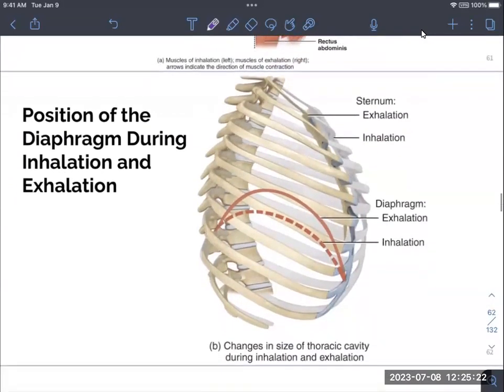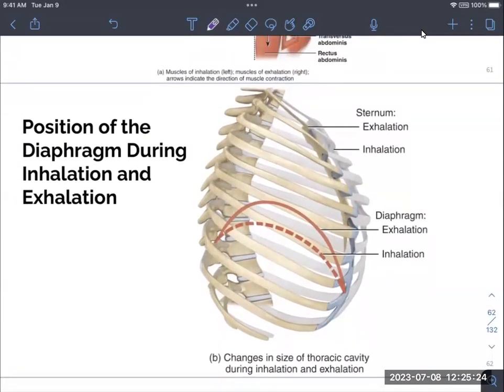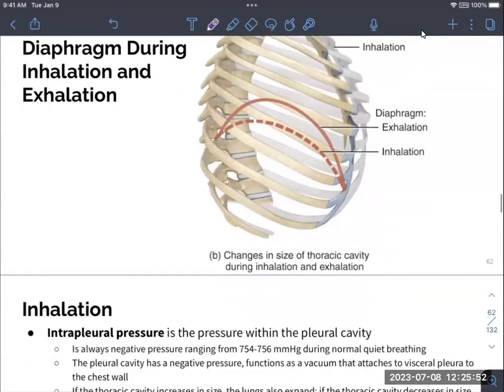So here's this diaphragm. We can see where that diaphragm sits during exhalation and during inhalation. You can see by this faded gray drawing what happens to those ribs. That sternum even moves out as those external intercostals contract to allow for more space in your thoracic cavity.